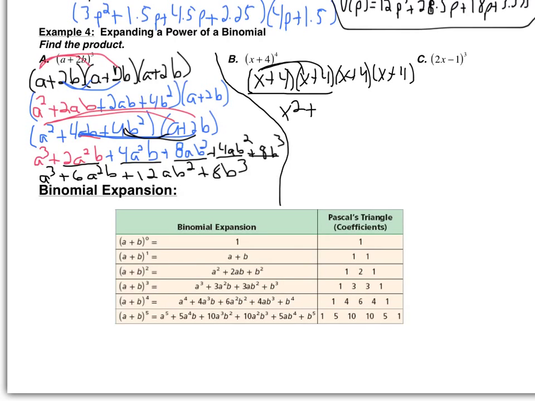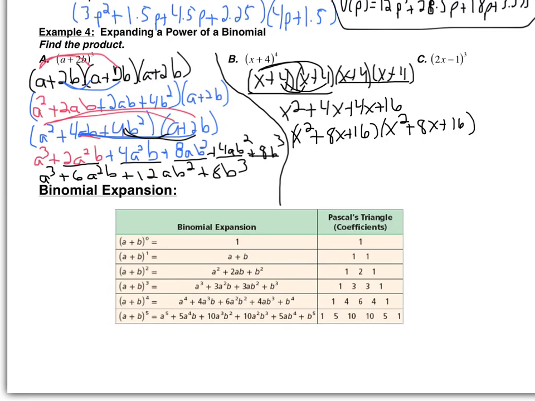X times 4 is 4x. Then we have insides, another 4x. And last, we have 16. Combine like terms, we have x squared plus 4 and 4 makes 8x plus 16. And then if we were to multiply the last two together, we would get the same thing. So x squared plus 8x plus 16.